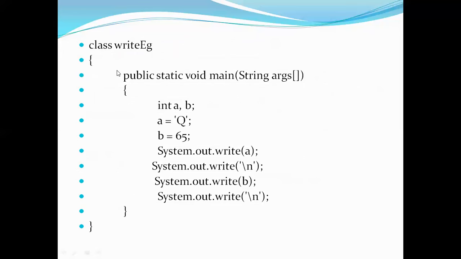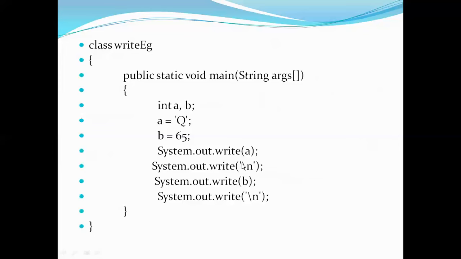We have a program in which I am declaring two integer variables, a comma b, and for a and b I have assigned some values. One is an integer, another one is an alphabet. Now I'm just trying to write what is there in that particular variable. So System.out.write(a). Whatever is there in that, it will just print as it is.